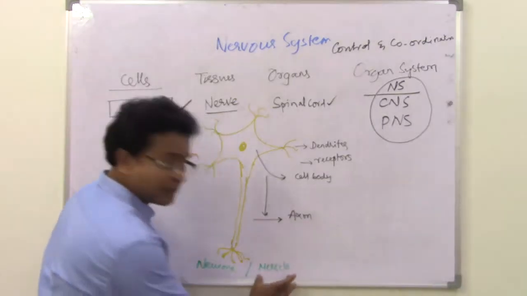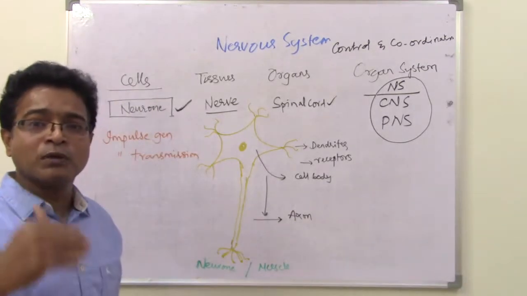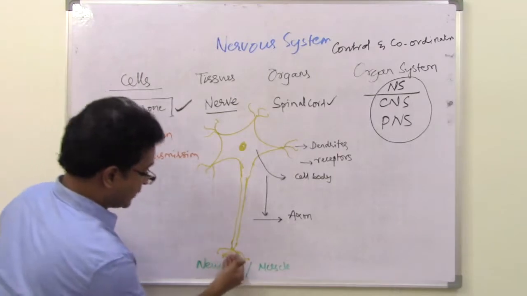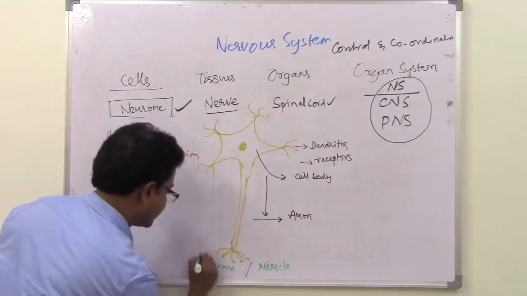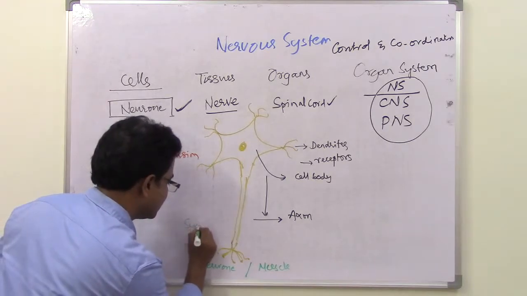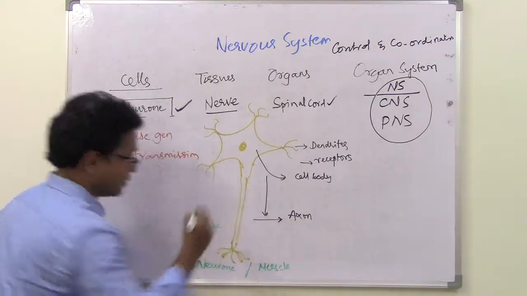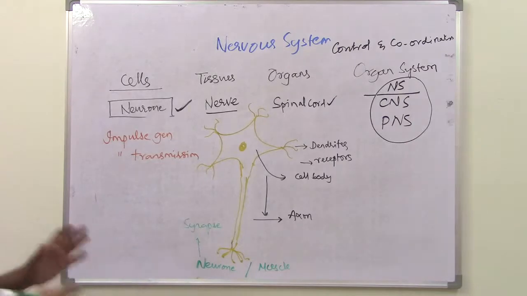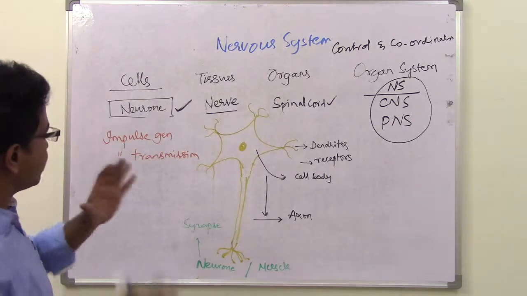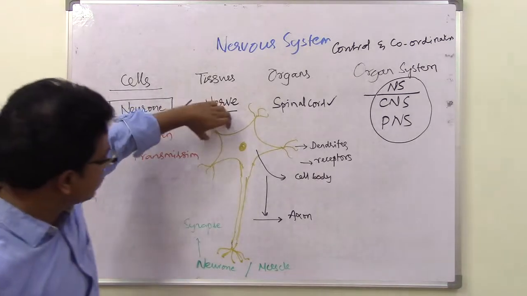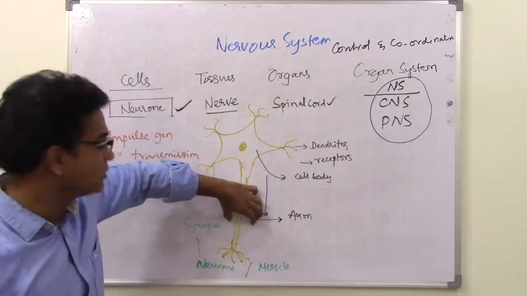If it is talking to a muscle, it is called neuromuscular end plate. And if it is talking to another neuron, it is called a synapse. Now, just to recap, neurons are the cells in nervous system. That's the basic functioning units. They have dendrite, cell body, and axon.